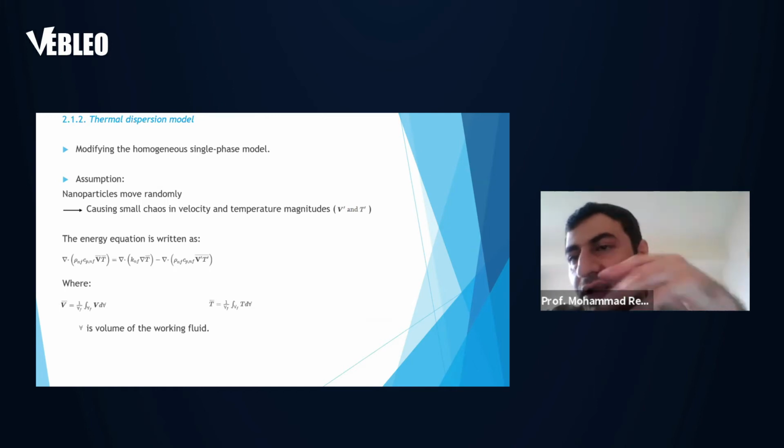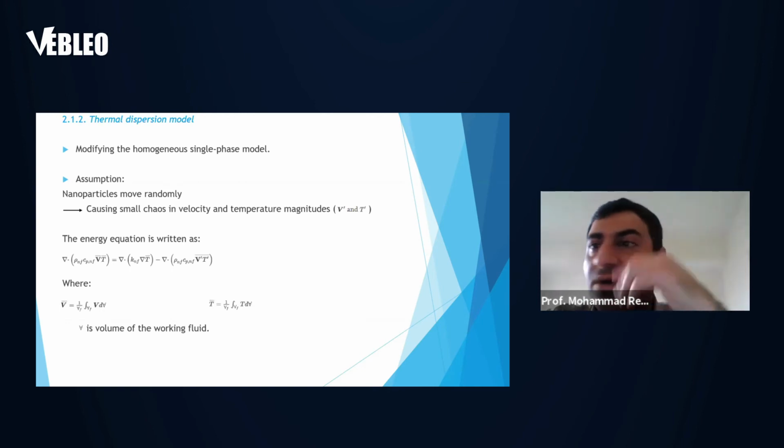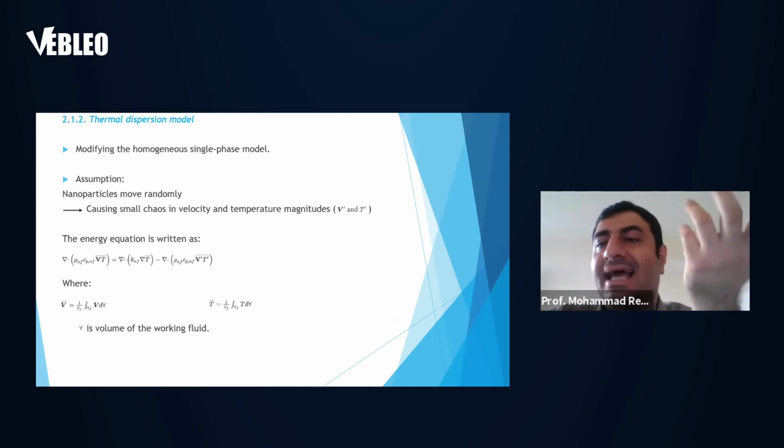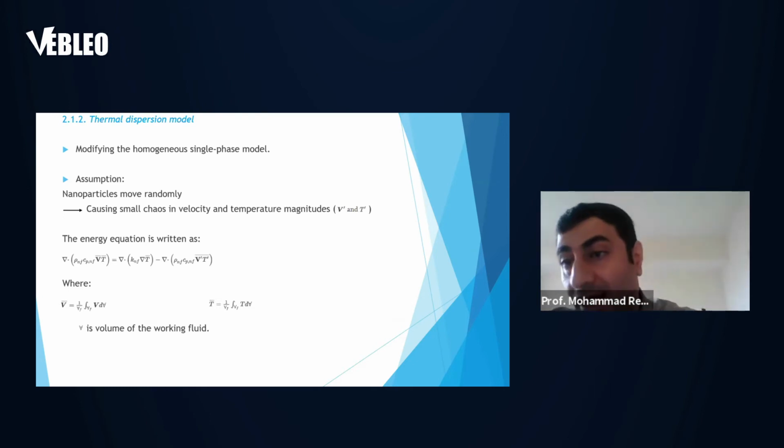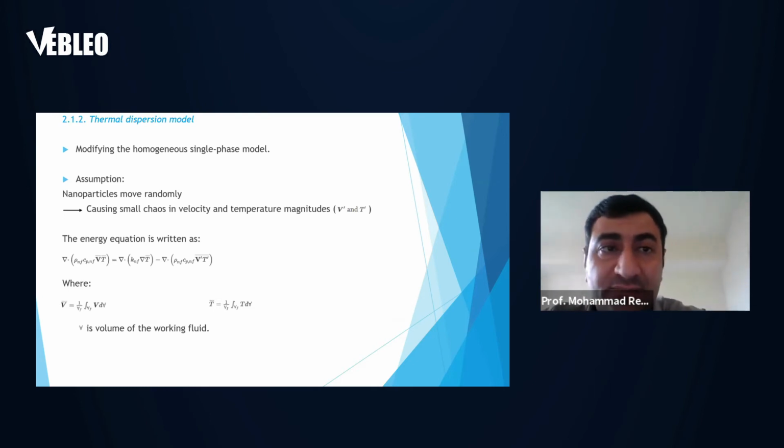Because it is a very short talk, I don't go into its details, but if you want, you can call me and we can discuss it. It gives better results compared to the previous model, but its coding is really hard, of course harder than single phase, and there is no commercial software that has this formula. So the published papers on this model are not many, just a few.